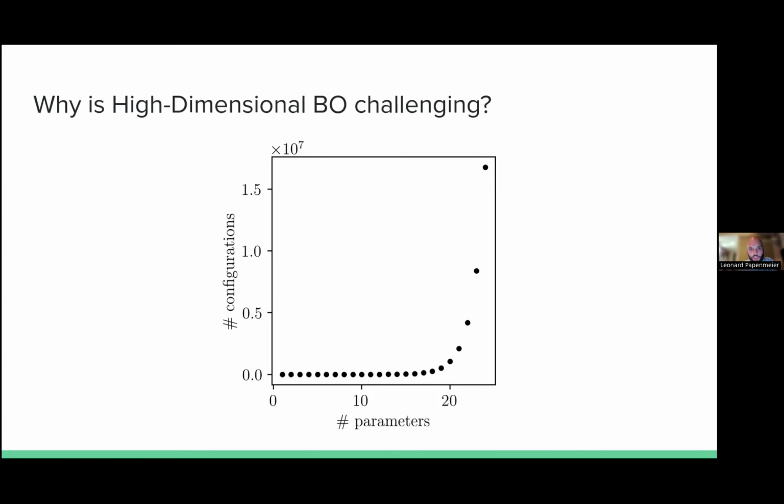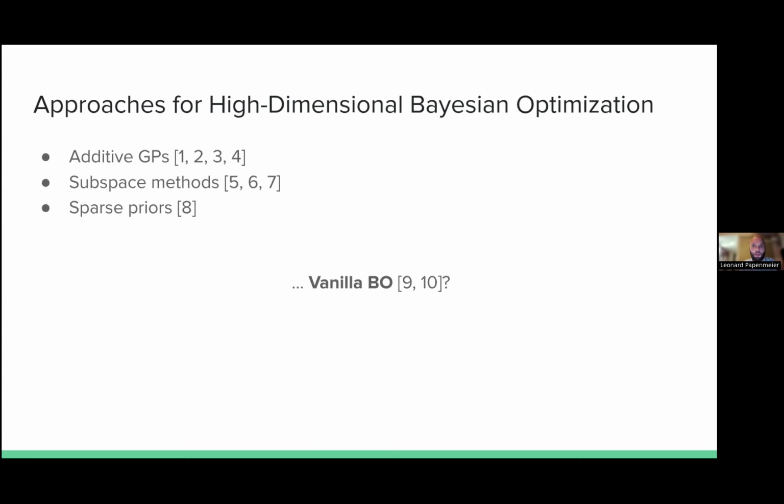So to model this function accurately, you need exponentially many more data points, because just to cover the space, you need exponentially many more points. The same applies to continuous problems. There, you need exponentially many more data points to model a function with the same level of accuracy. So say you achieve some good model fit in 1 dimension, then you need exponentially many more points to achieve the same model fit in higher dimensions.